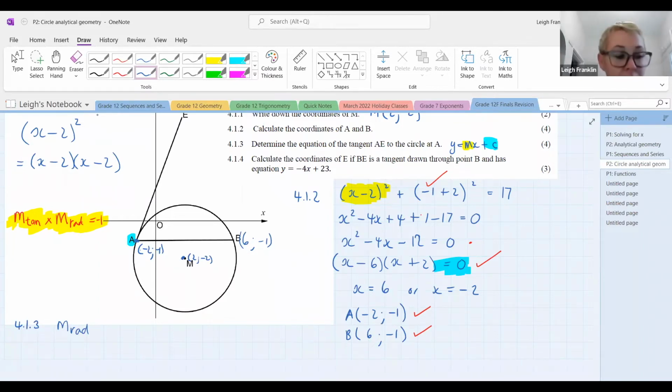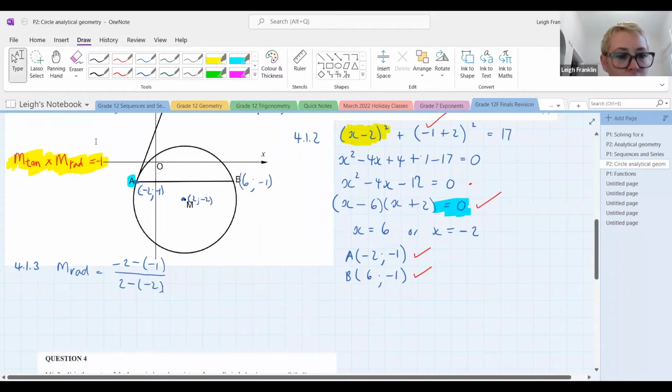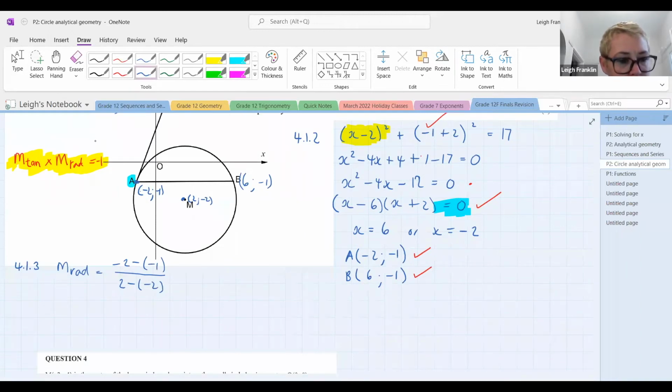We can calculate the gradient of the radius using our traditional gradient formula. So we would end up with change in y, so -2 minus -1, over change in x, 2 minus -2. So the gradient of the radius ends up being -2 plus 1, which is -1 over 4. So those of you that got that, well done.